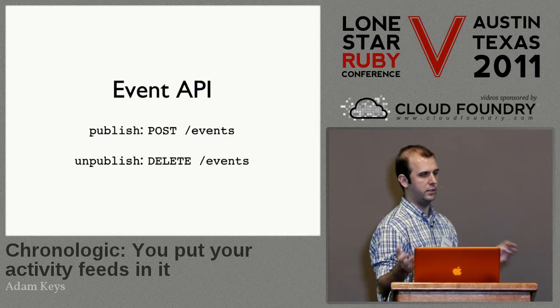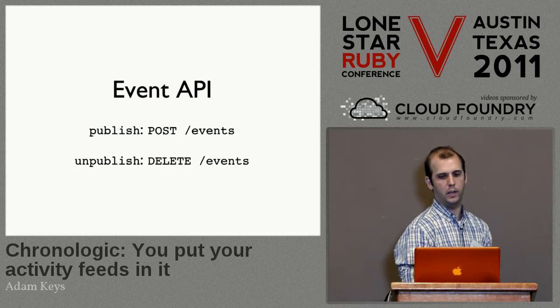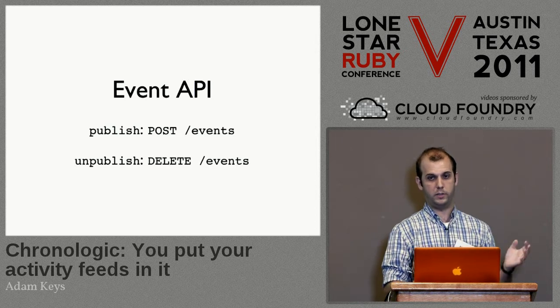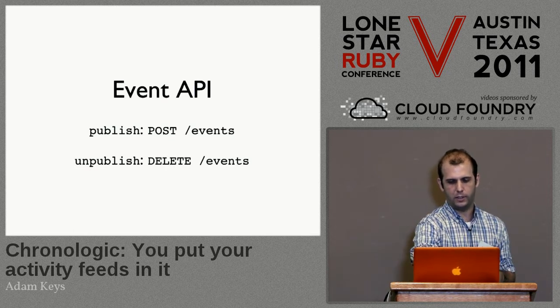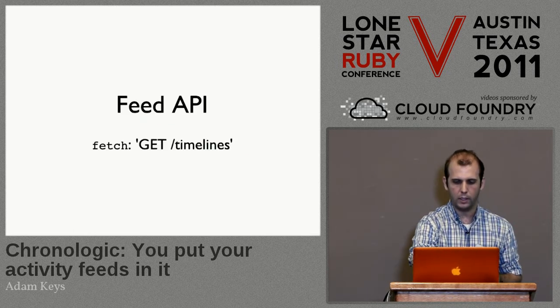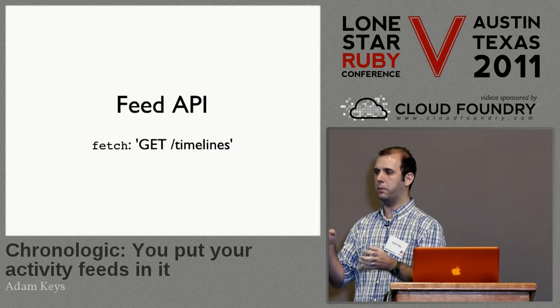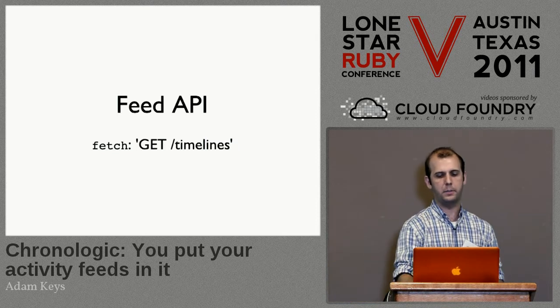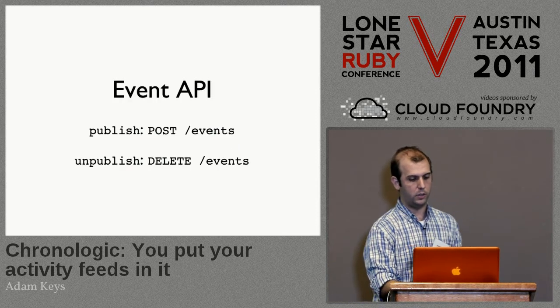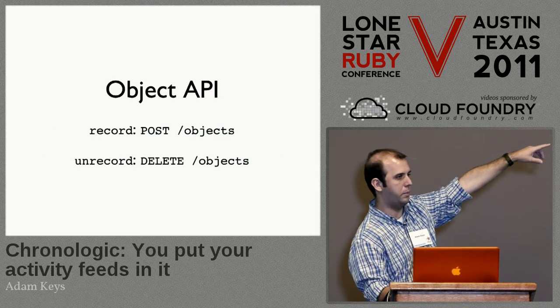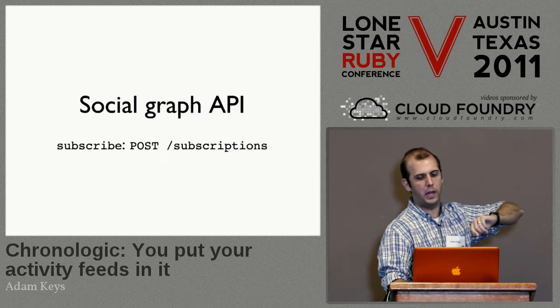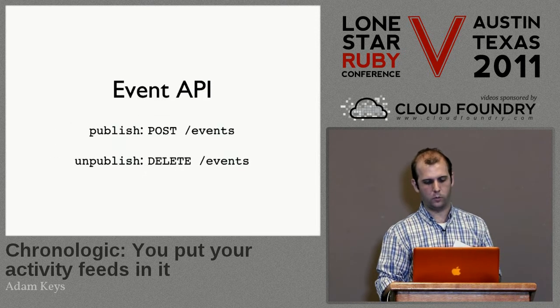So if you accidentally check in to Toys R Us or someplace that you don't want people to know you went, then you can remove it. And then when you want to grab the whole thing back, you just do a get on timelines, or you do a fetch. So the names on the left are how they appear in the connection API, the Ruby wrapper.